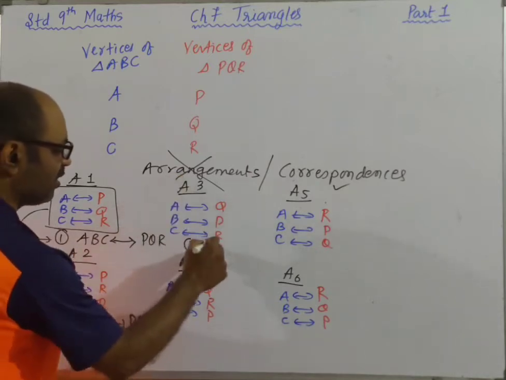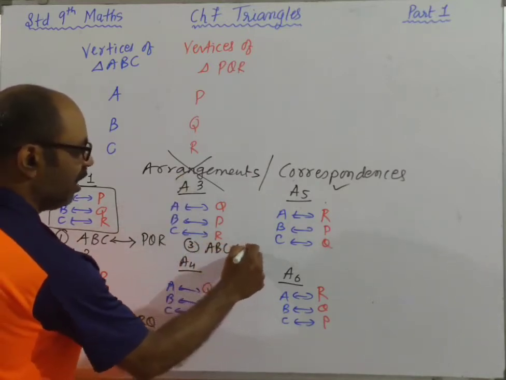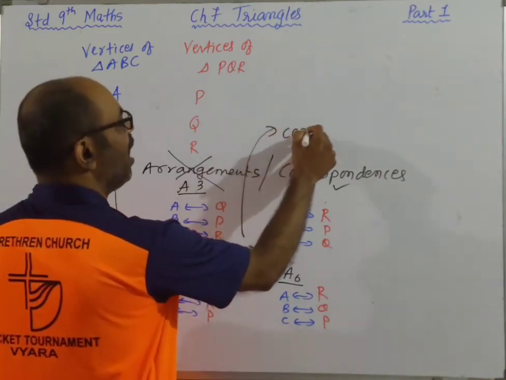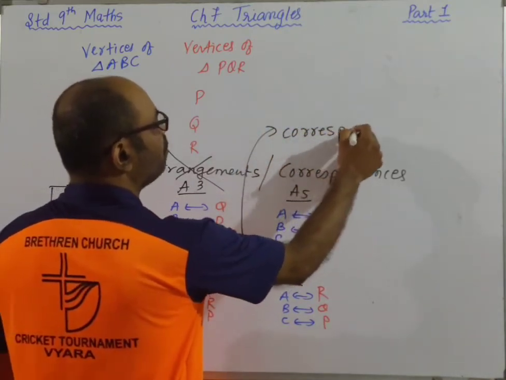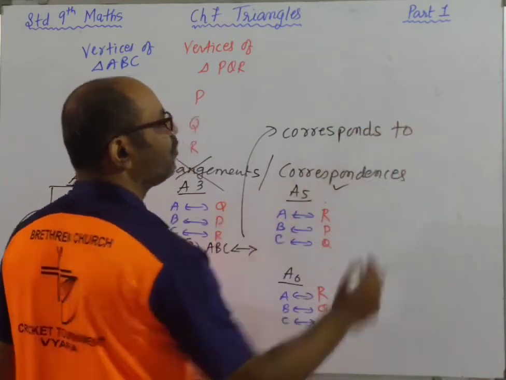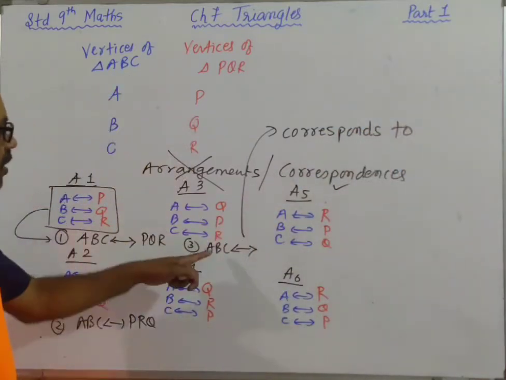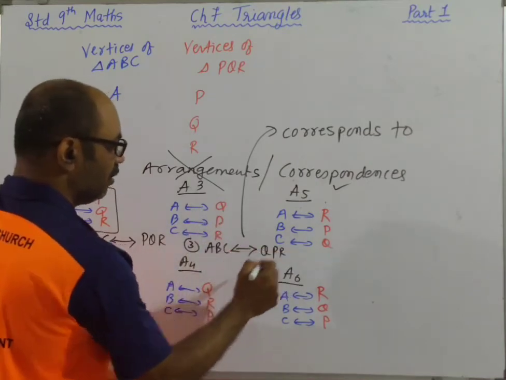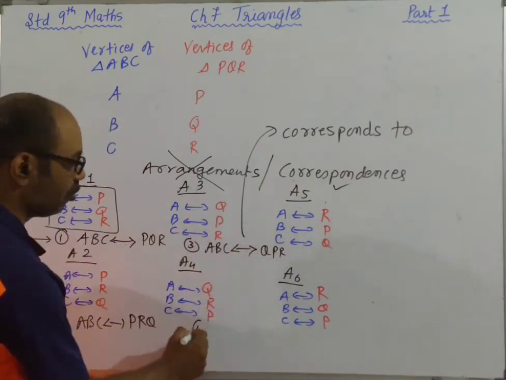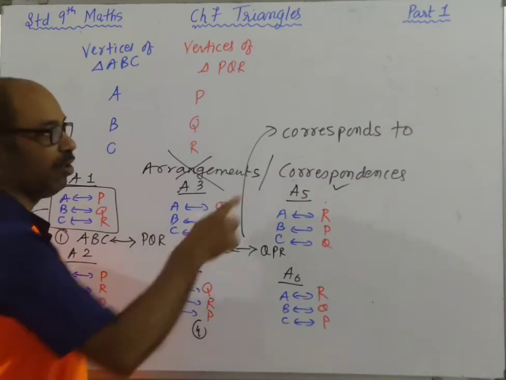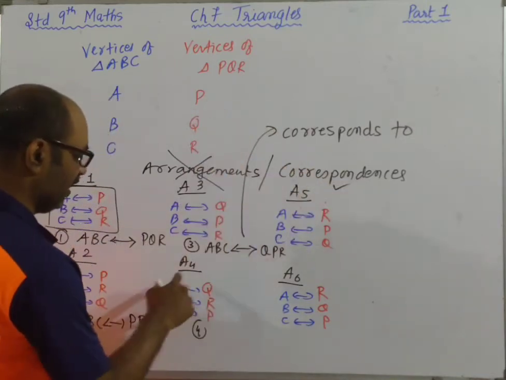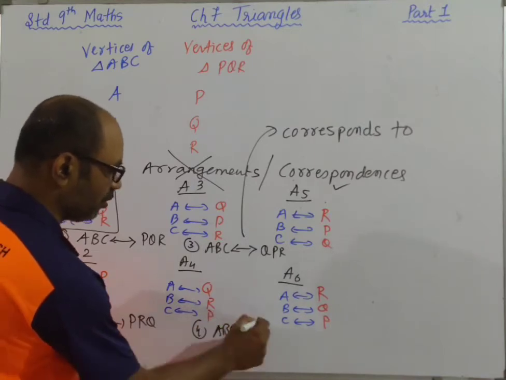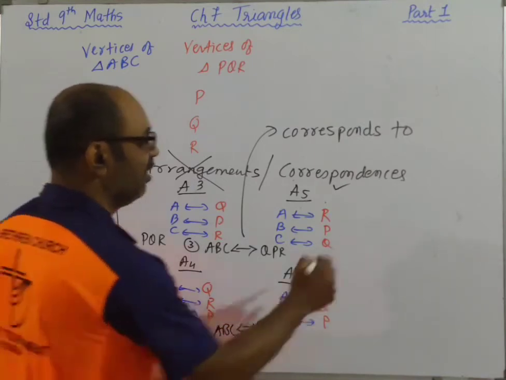Third correspondence, ABC corresponds to, how do you read it? Corresponds to QPR. The fourth arrangement, now I should not say arrangement, the fourth correspondence, that is again ABC corresponds to QRP.